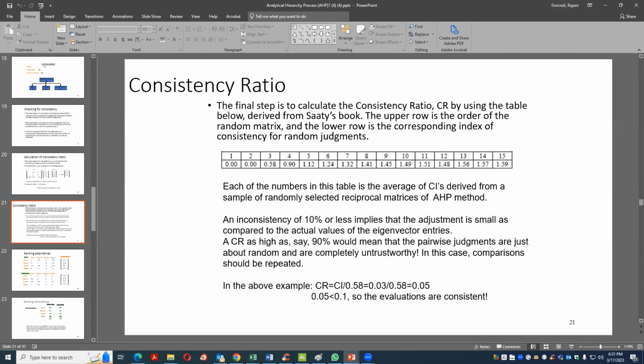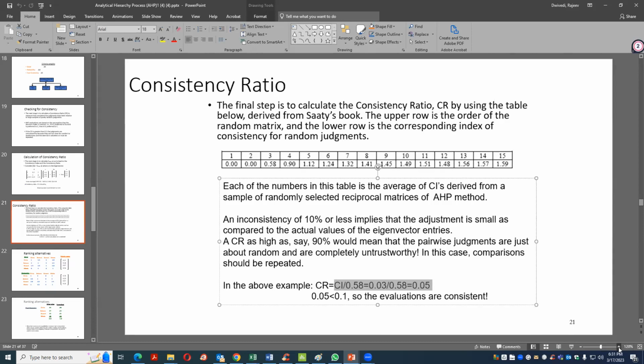Now we have to see, this is a ratio which is based on the index that is given by the author. So for 3 variables, it is 0.58. So CR, the consistency ratio, is equal to CI divided by 0.58.